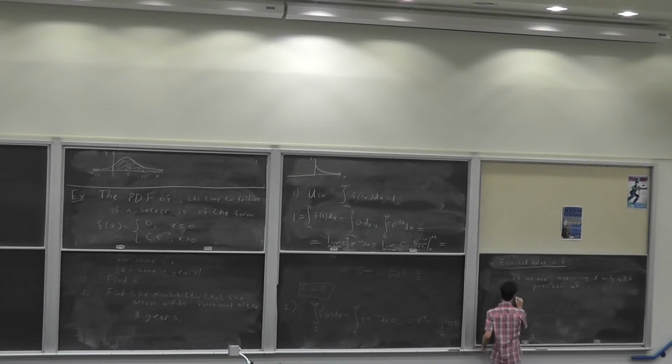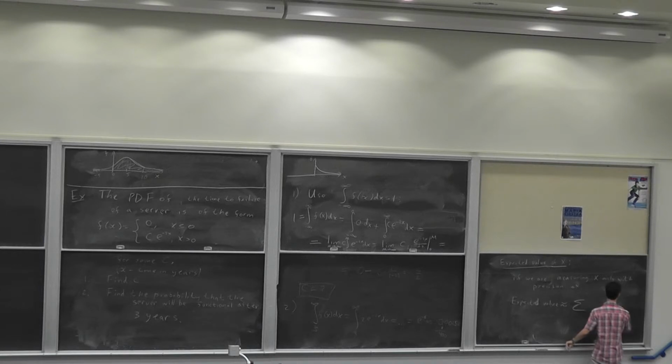The expected value is going to be more or less, I'm writing more or less because we are measuring with an error, the sum of outcome x times the probability of this outcome. But the probability of this outcome is basically the probability of getting an answer from x to x plus delta x.